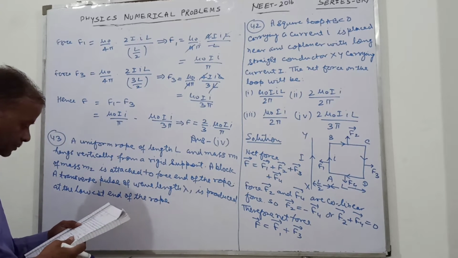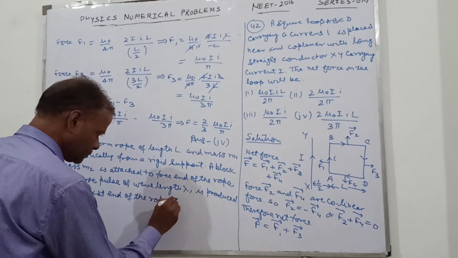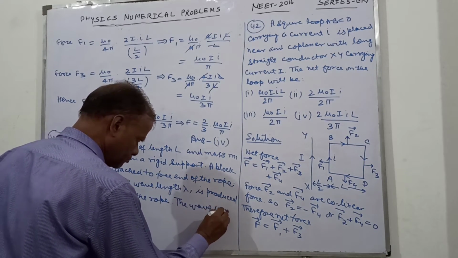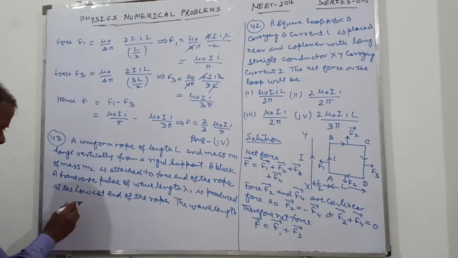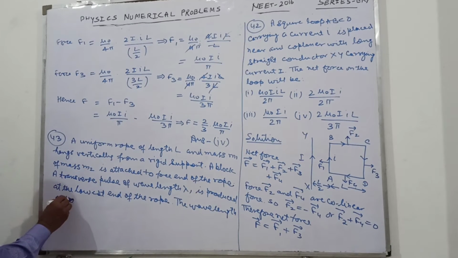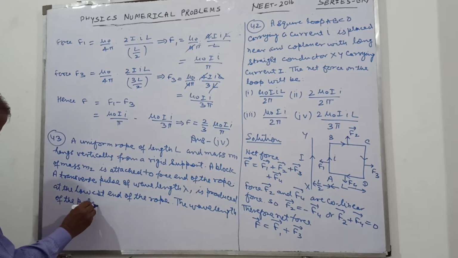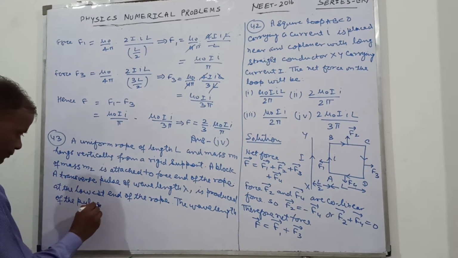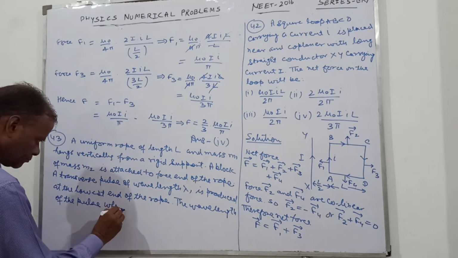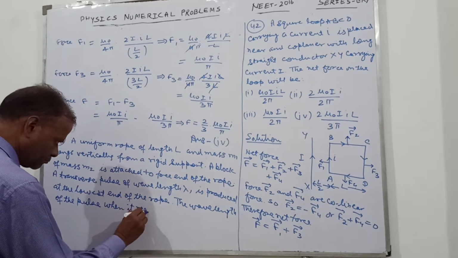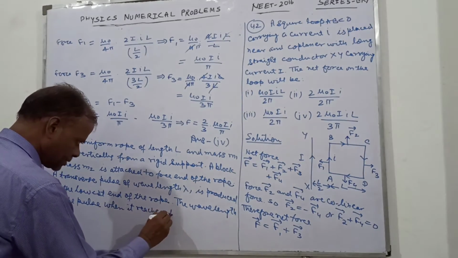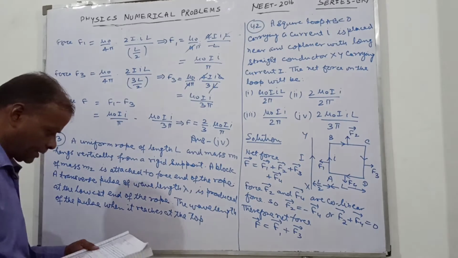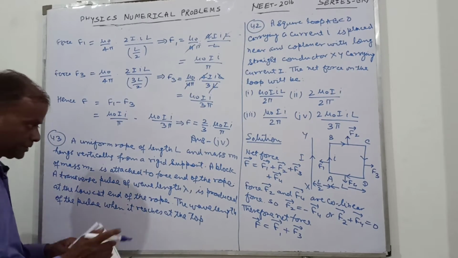The wavelength of the pulse when it reaches the top is lambda 2.